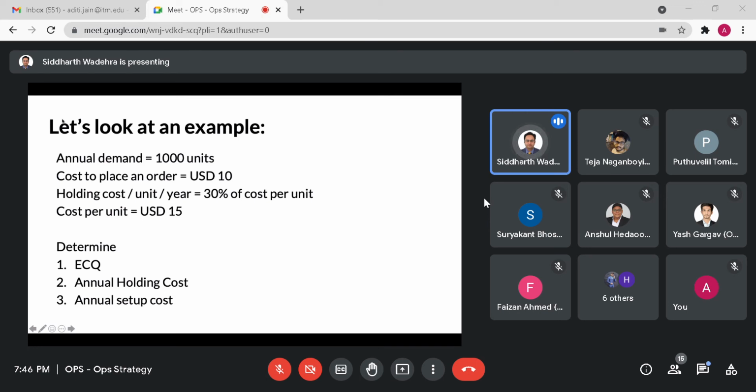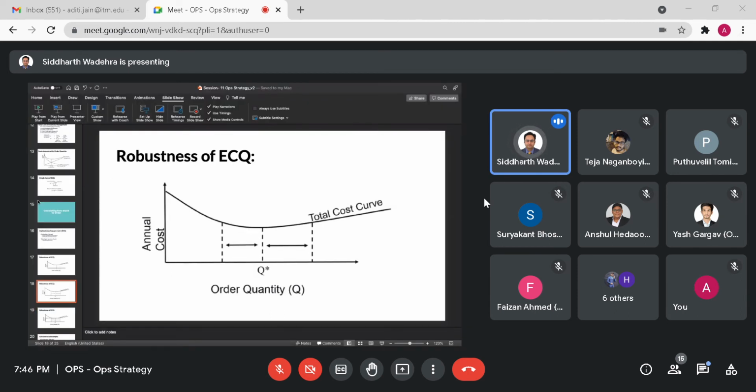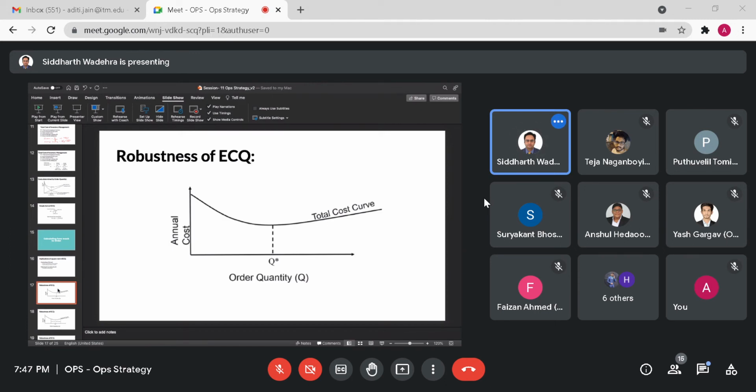Let's see the mechanics of how you would calculate. If you are not very well versed in the robustness of EOQ, these are not typically concepts you need to be extremely clear on, and it will take some time to go through the associated explanations.